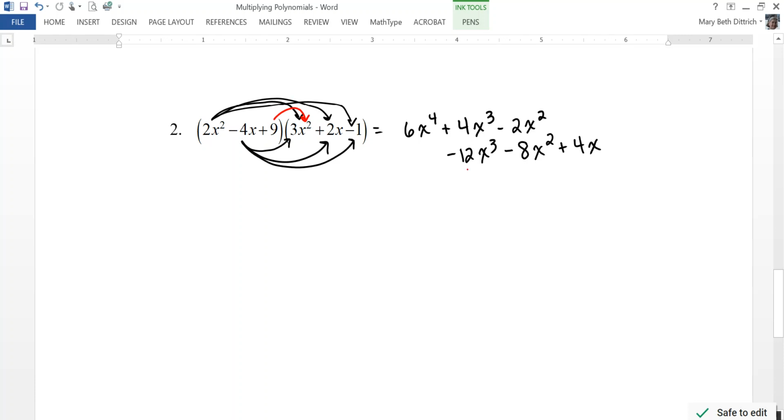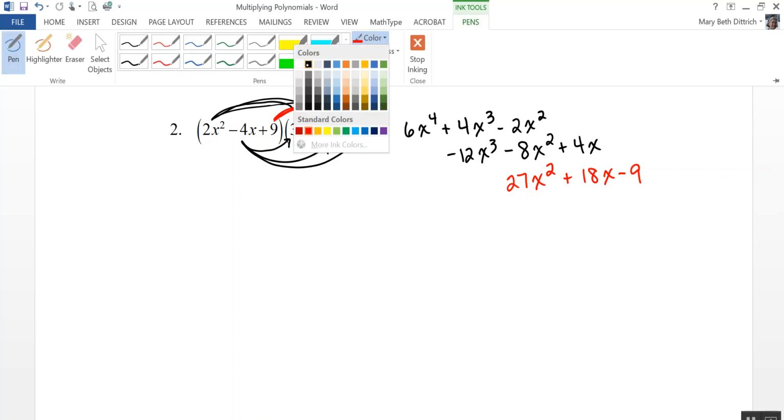So that's going to give me 27x squared. 9 times 2x is going to give me a plus 18x. And 9 times negative 1 gives me a negative 9. I'm going to go back to black here to add them up.